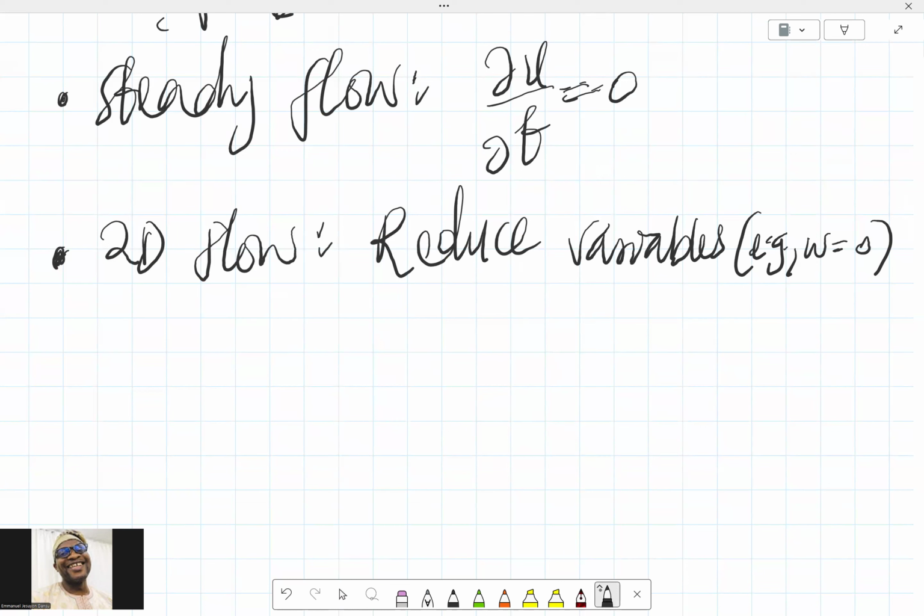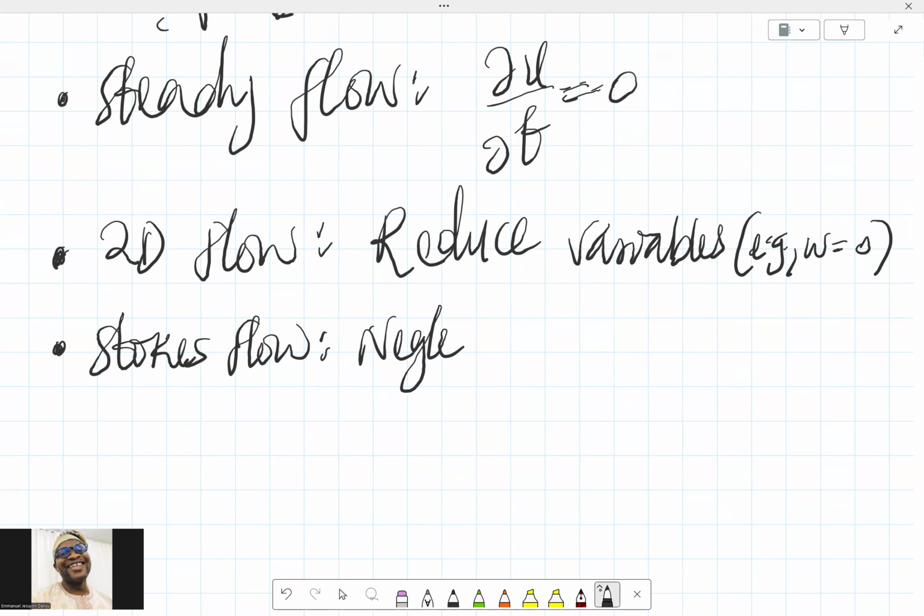Then you have what you call the Stokes flow. For Stokes flow, you neglect inertia, such that the Reynolds number is far, far less than 1, very close to 0.